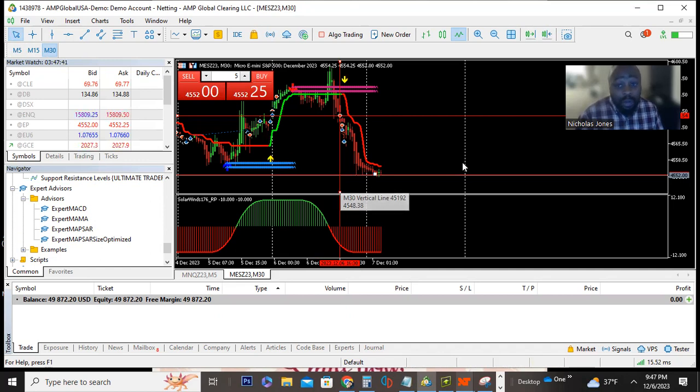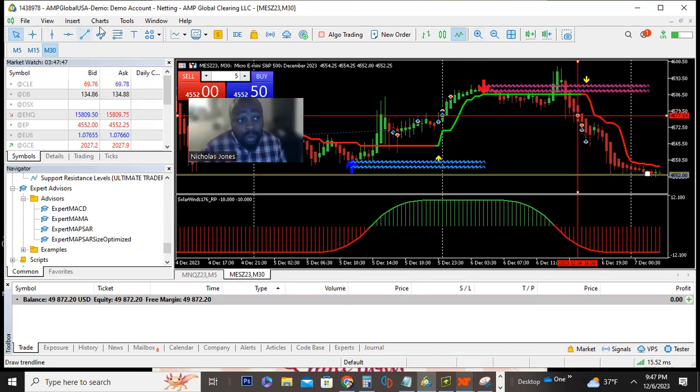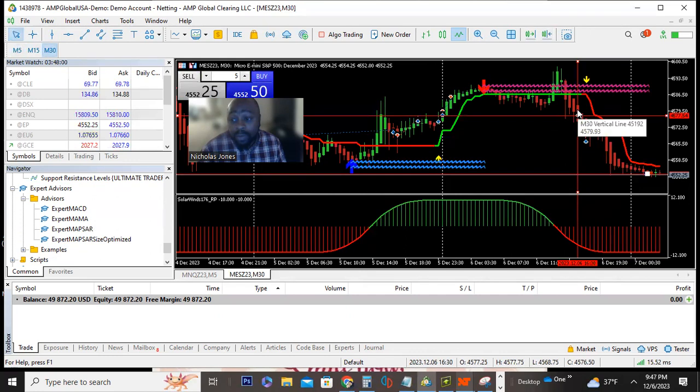Now, as you can tell, I only held that trade from here to here. Remember, these are 30-minute candles. On a 30-minute candle, this is 1:30.